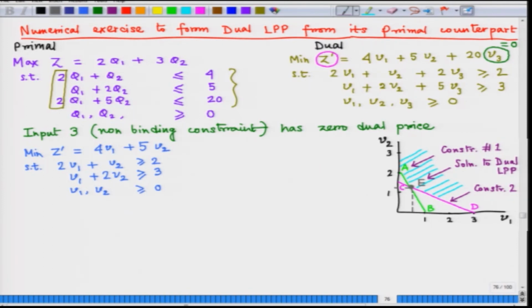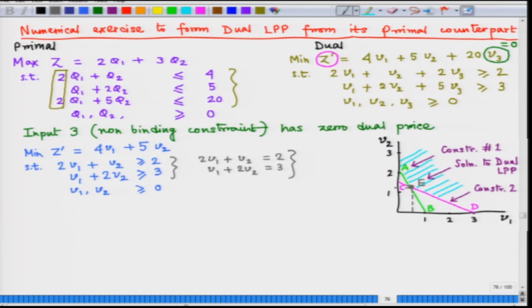Okay. So, basically how to solve them numerically. Well, I have already ignored the third constraint. Now, I have two constraints here. Now, I need to use the linear form for these constraints. So, basically I will have now 2 V1 plus V2 equal to 2 and V1 plus 2 V2 equal to 3. So, a system of equations I get, and you know that can be easily solved.